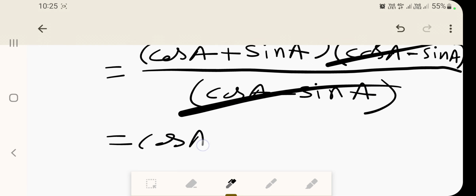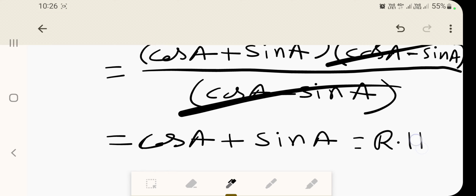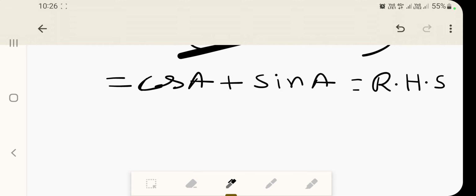We get cos A plus sin A, which is nothing but our RHS. This is what they have asked us to show. Hence it is proved, LHS is equal to RHS. If you write that, it is enough.